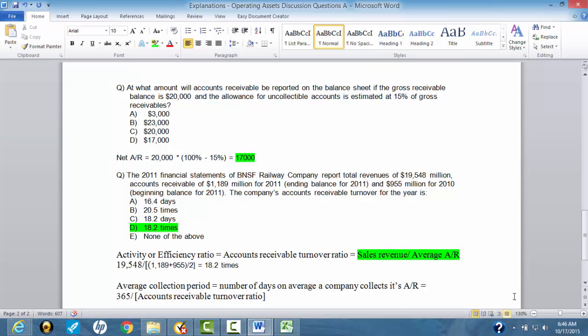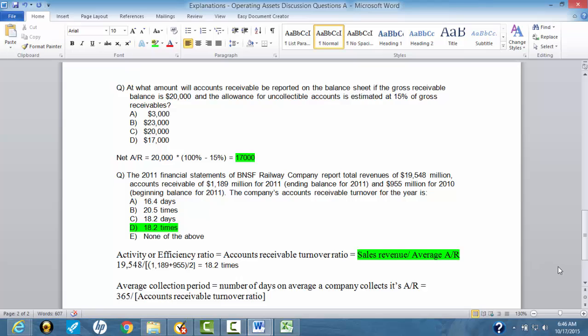Now recall that we can also calculate the average collection period, which is the number of days on average it takes the company to collect its account receivable. We want the average collection period to be as low as possible, because you want to take fewer days to collect account receivable.